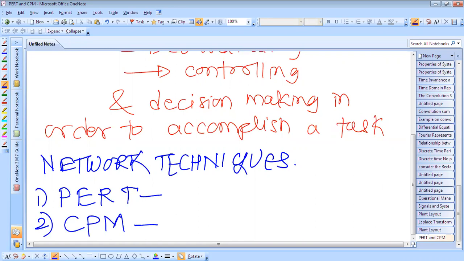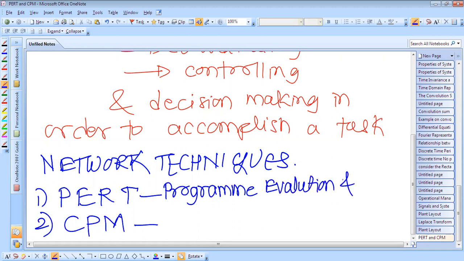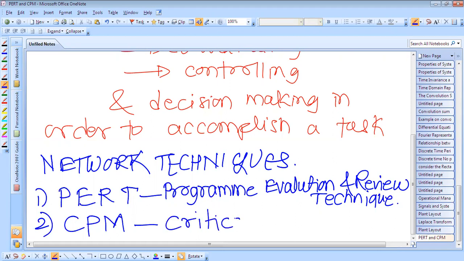PERT stands for Program Evaluation and Review Technique, and CPM stands for Critical Path Method.